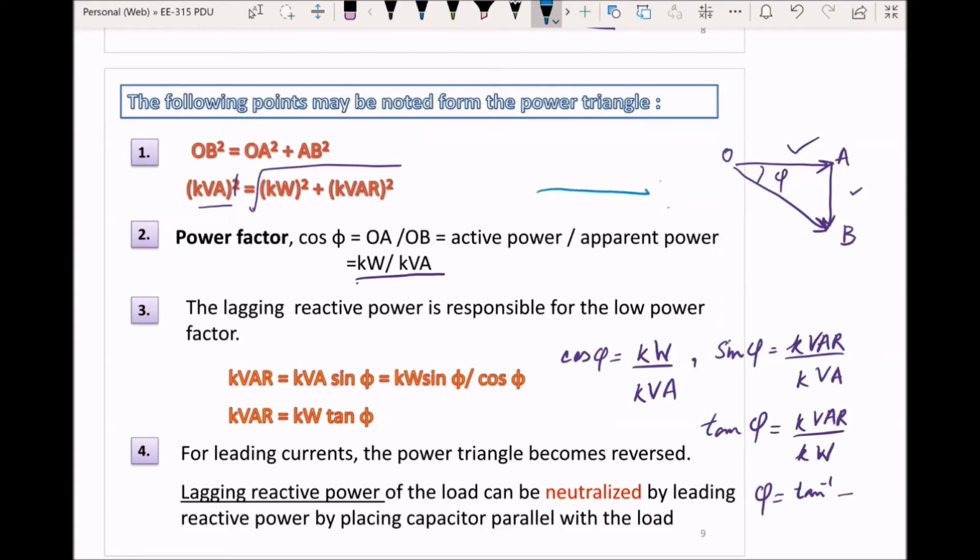Let this be the reference voltage. In the case of a capacitive load, the current leads the voltage by some angle phi. This is going to be the y component, the I sin phi, and this is going to be the x component of the current.